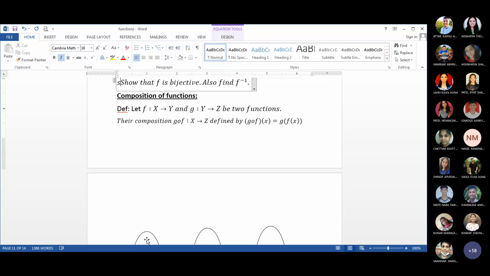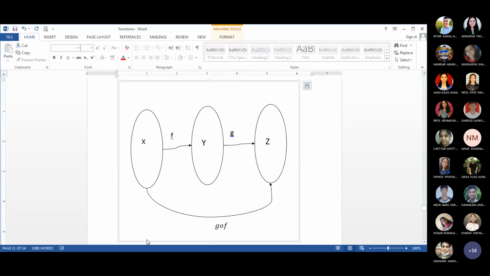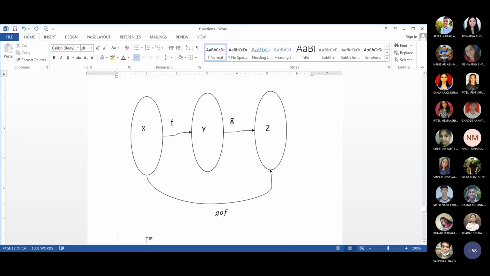Similar to that, G composed with F find करना है, तो F का कोडोमेन should be same as G का डोमेन. Again I repeat, F का कोडोमेन should be same as G का डोमेन, and this is the diagrammatical representation for your G composed with F. F is a function from x to y, G is a function from y to z.